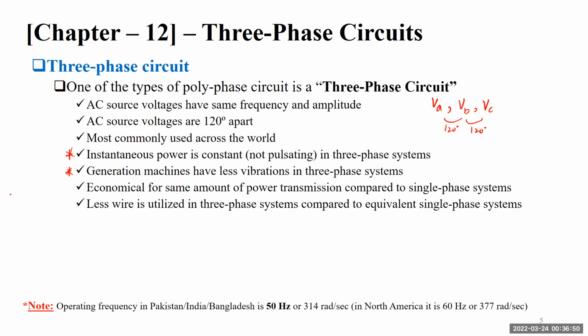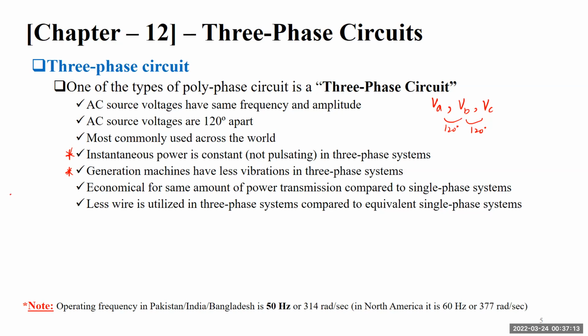In order to have economical transmission, we need to reduce the amount of material used in these conductors, because copper or aluminum are expensive materials.